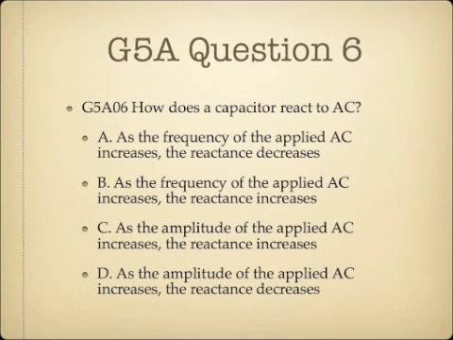How does a capacitor react to AC? A. As the frequency of the applied AC increases, the reactance decreases. B. As the frequency of the applied AC increases, the reactance increases. C. As the amplitude of the applied AC increases, the reactance increases. Or D. As the amplitude of the applied AC increases, the reactance decreases.